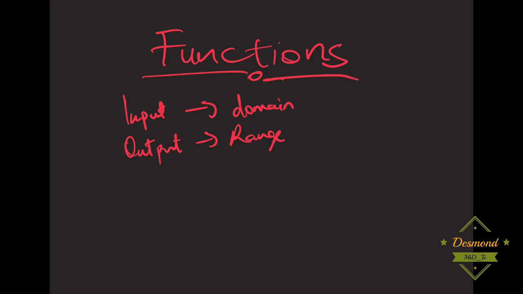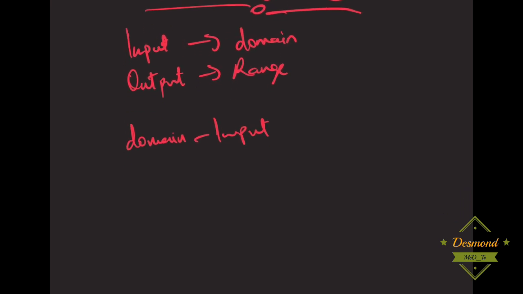Let's say we have a function where the domain is the set of all real numbers. What is the domain here? The domain is the input. So the function input contains the set of all real numbers, and the rule is to square the input. If you have something like that, let's say x is equal to 3, and x here is representing the input of the function, right?